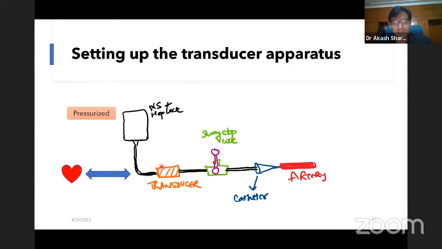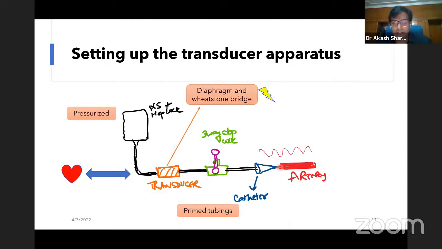This transducer has a diaphragm in it. We are providing fluid in the form of saline, and a continuous level of saline is maintained in this tubing. The blood from the artery has pressure waveforms, and this pressure waveform is transmitted to the saline, which in turn strikes the transducer.